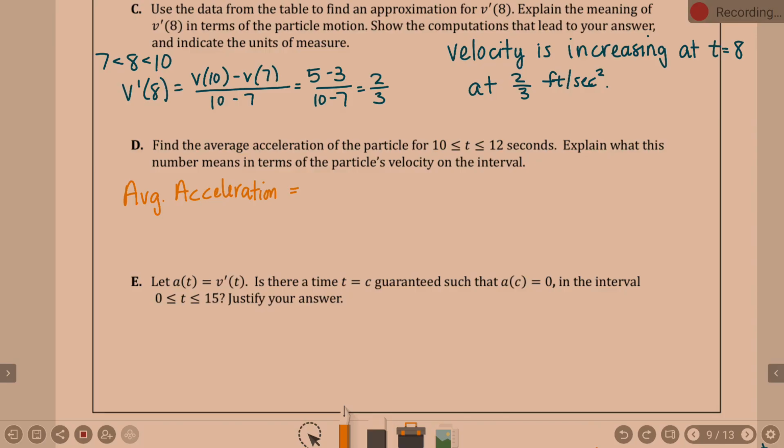So we can set it up as v of 12 minus v of 10 over 12 minus 10, grabbing the numbers from above. 3 minus 5 over 12 minus 10.